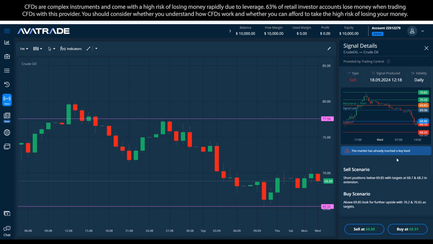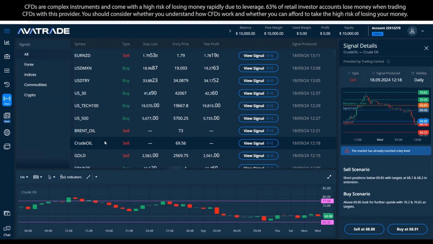I hope that it makes sense. Of course, it doesn't mean that crude oil is not going to have any signals. It just means that this signal has already passed, and we might need to wait until another one.